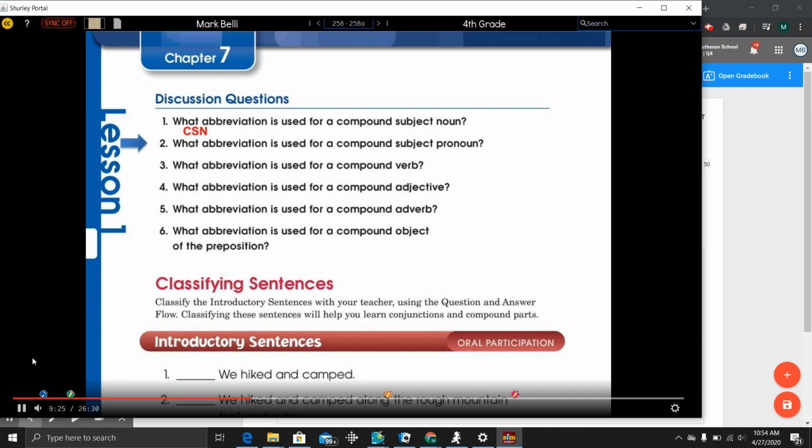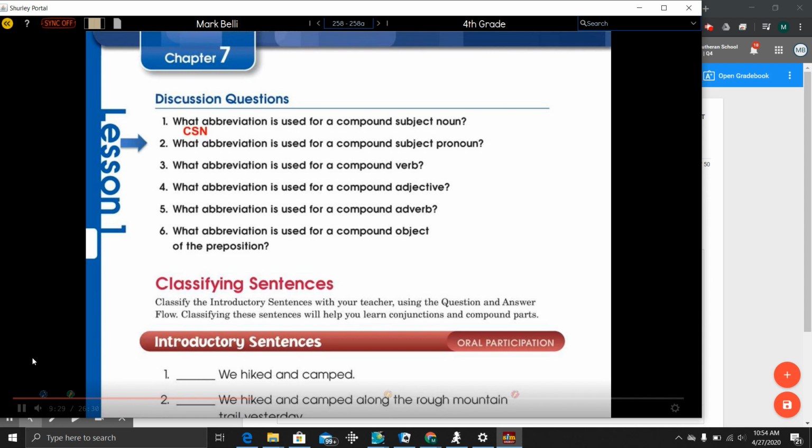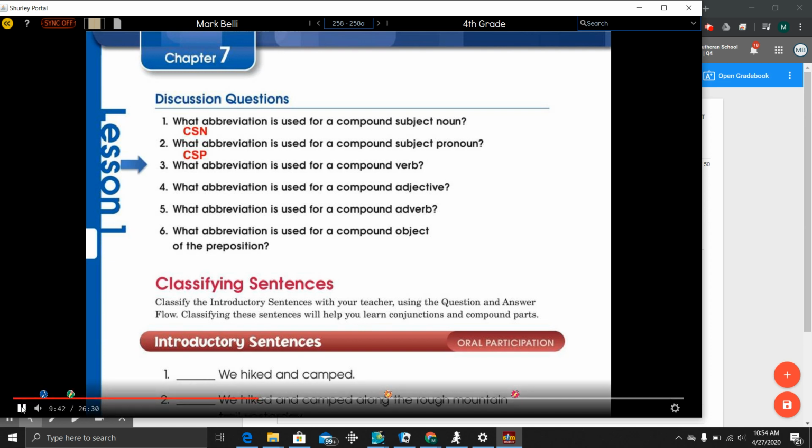Question 2. What abbreviation is used for a compound subject pronoun? The answer, capital CSP. Question 3. What abbreviation is used for a compound verb? What do you think? Let's see if you're right.